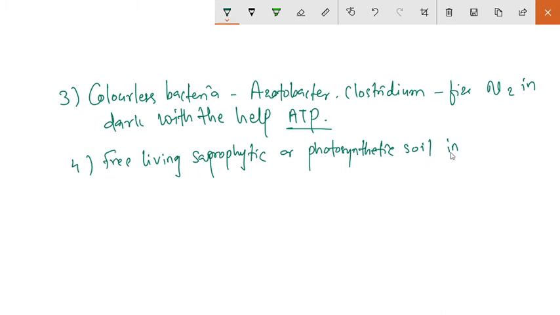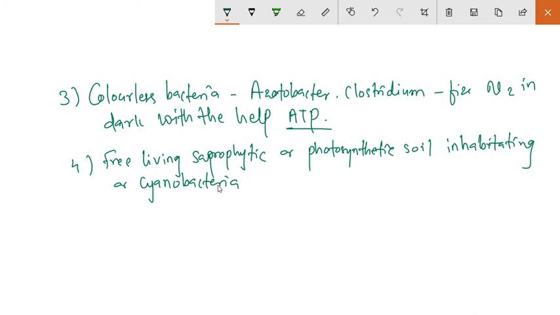Inhabiting म्हणजे soil मध्ये राहणारे. Photosynthetic bacteria which live in soil, or the cyanobacteria or either anaerobic faculty or aerobic bacteria.